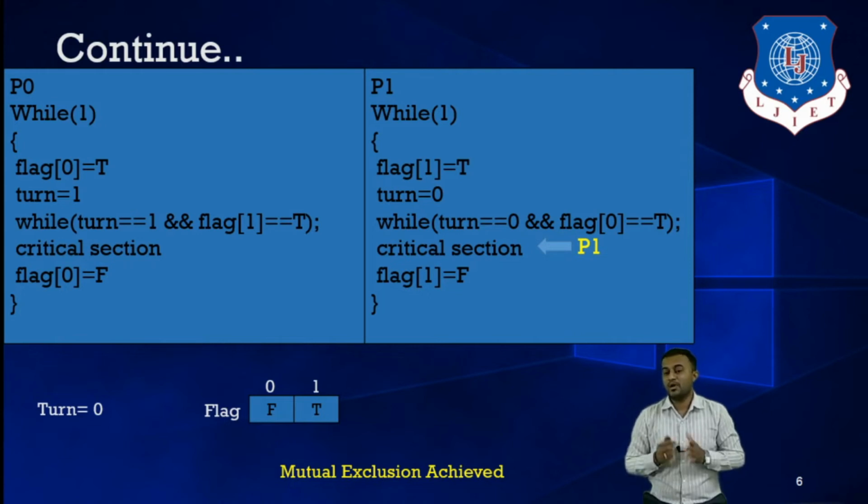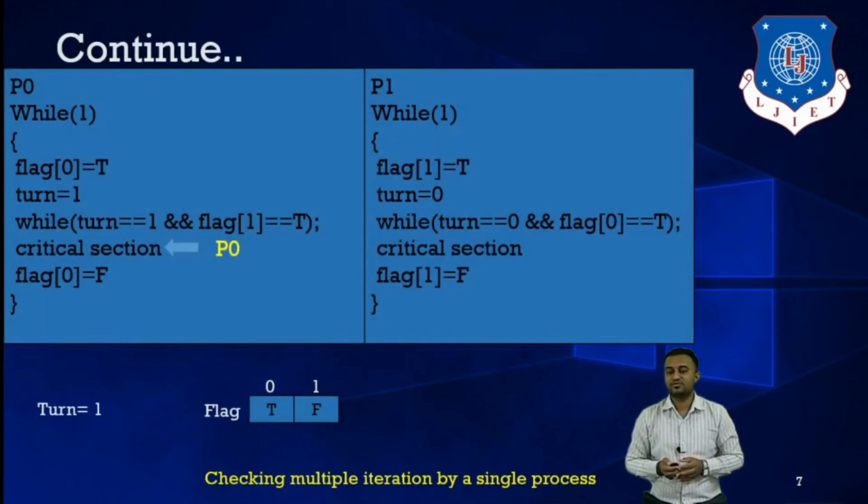But this is not sufficient to consider the Peterson solution a valid solution. Why? Because one more property we need to achieve, which is nothing but progress. So let us discuss how we can achieve progress with this Peterson solution.